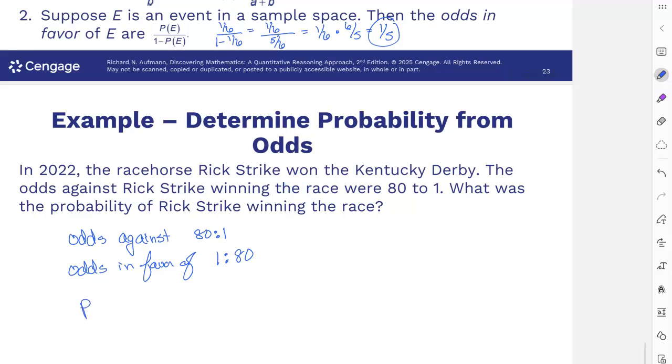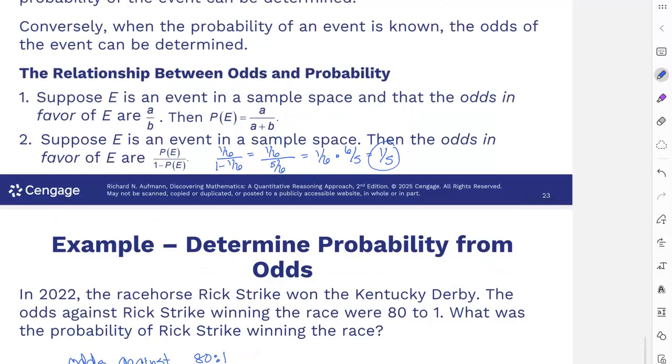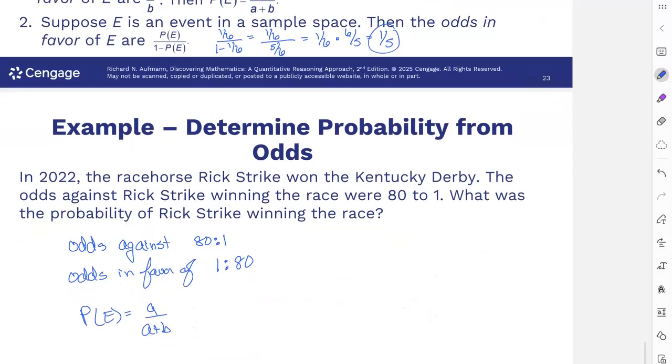So the probability of this event happening is A over A plus B. That's what they're talking about here. So it's going to be 1 over 1 plus 80, which is 1 over 81. So that would be the probability of Rich Strike winning this particular race.